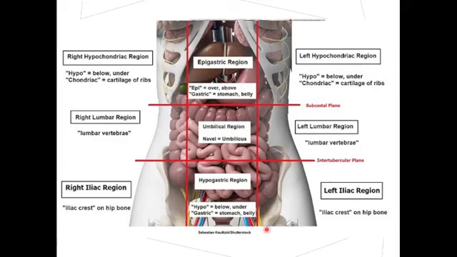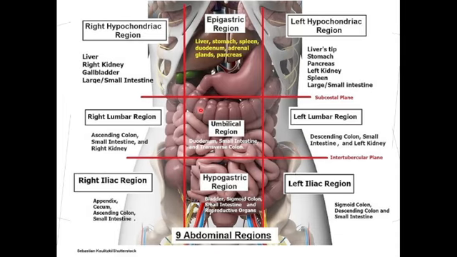Yeah, just like that. Hector loves Isabel every unceasing hour. Means hypochondriac, lumbar, iliac, epigastric, umbilical, hypogastric. Okay. Major parts of the nine abdominal regions.